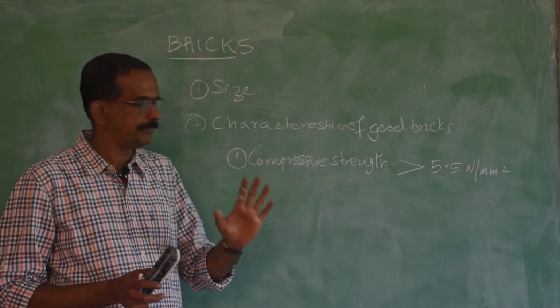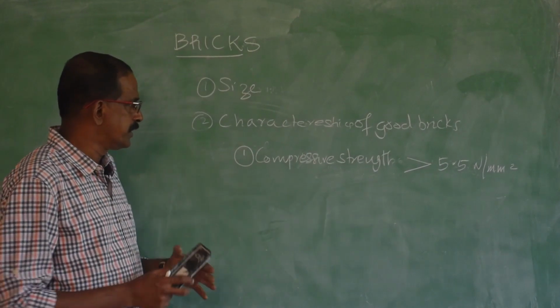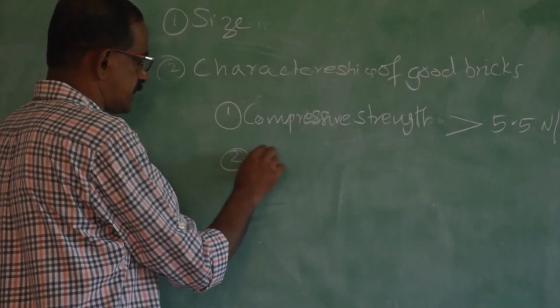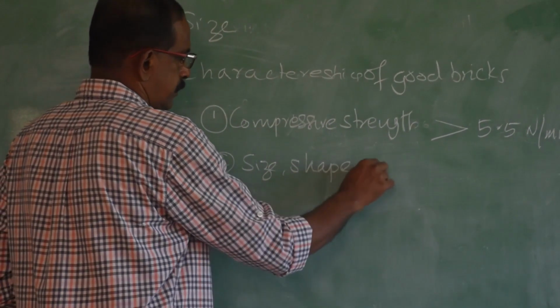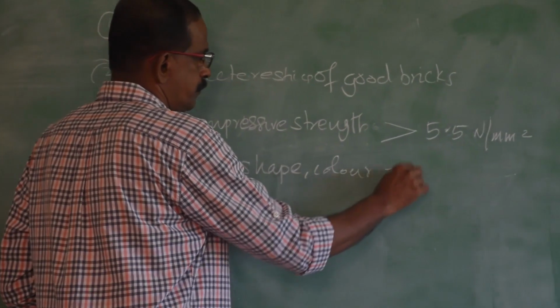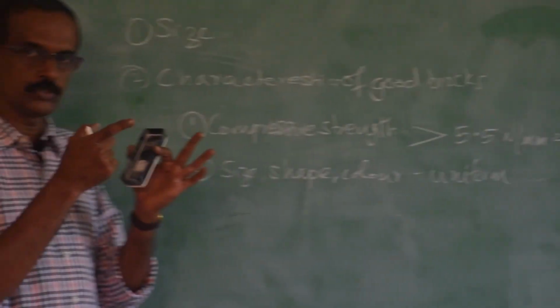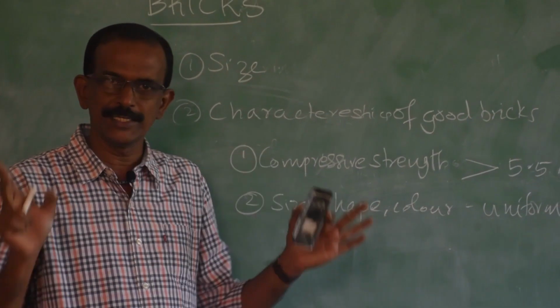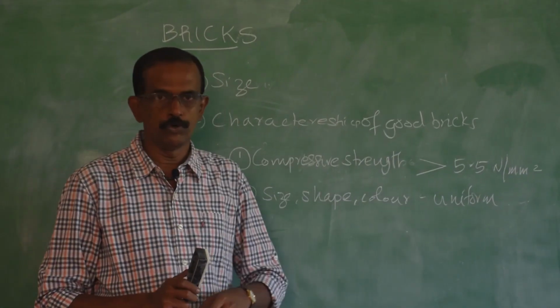Then the second one, size, shape and color of the brick should be uniform. Size should be according to the specification, 19 by 9 by 9 centimeters. Shape should be perfectly all right and color should be uniform.